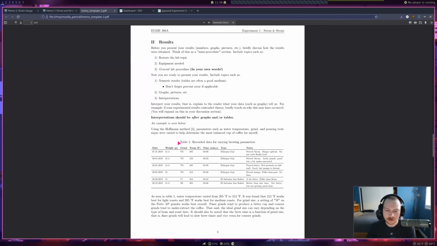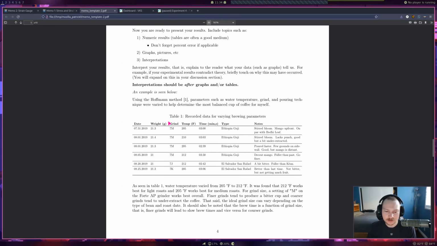If you have a figure or a table, you need to have a caption that's numbered. In this case it's for table 1. Same thing if you have figures, it should be figure 1, figure 2, etc. So you have to have that numbered caption, and then you need a description in your caption. Okay, so that's the first thing.